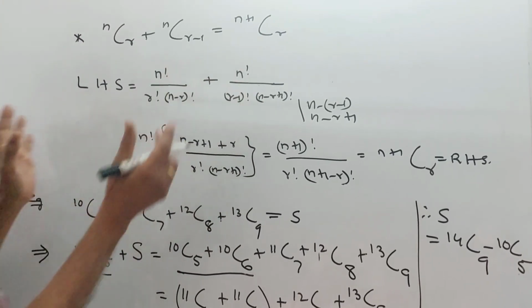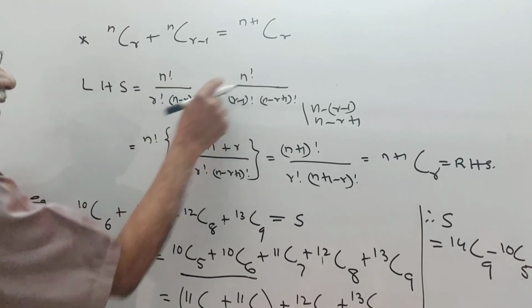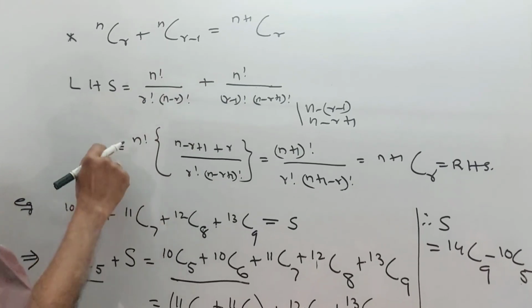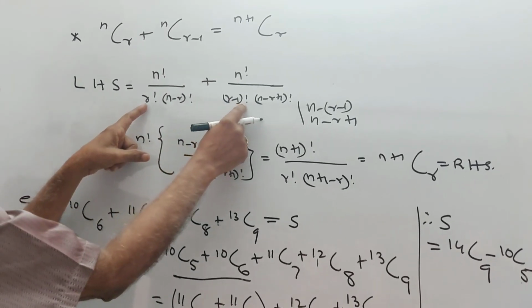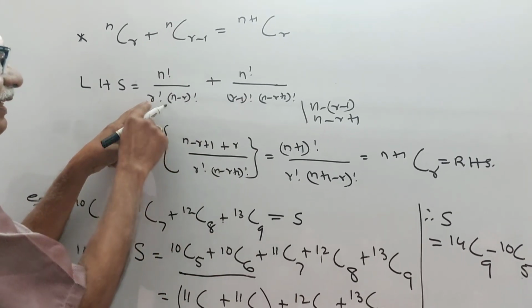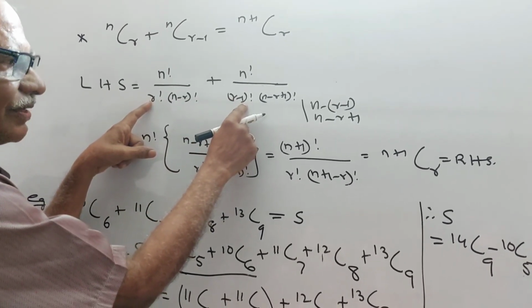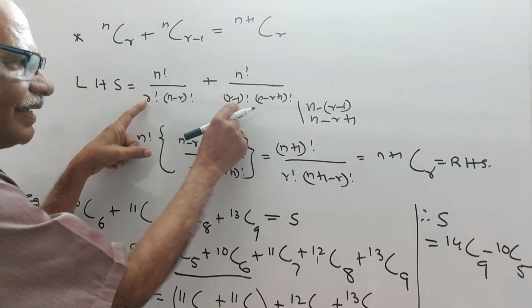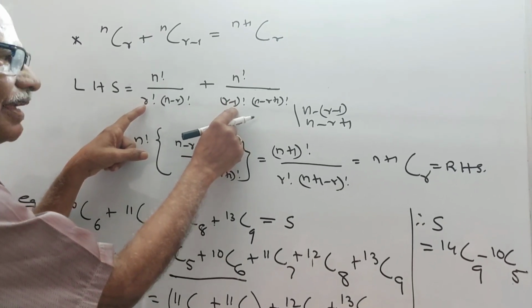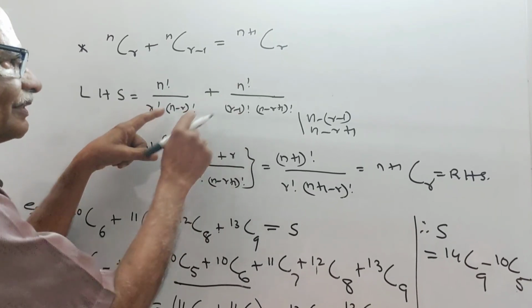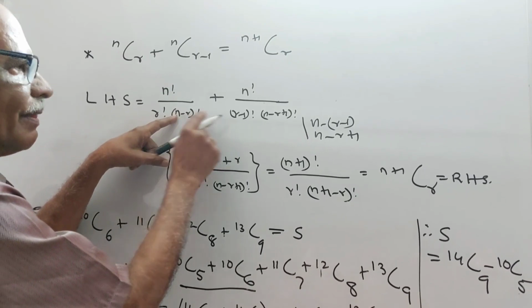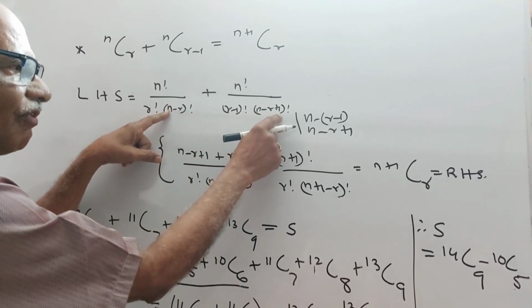Now we have to simplify. We take common factor n factorial outside. Now looking at the denominator, we observe here this is r factorial, here this is r minus 1 factorial. So we have to multiply here by r to make it r factorial. Similarly, you have to multiply here by n minus r plus 1.